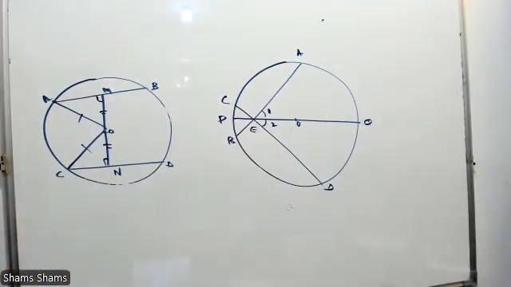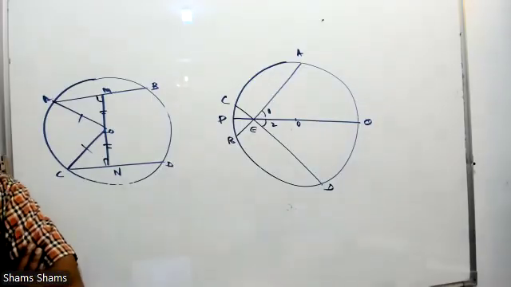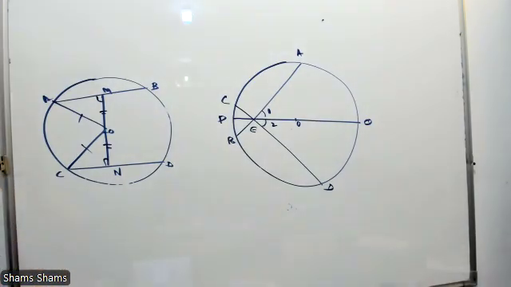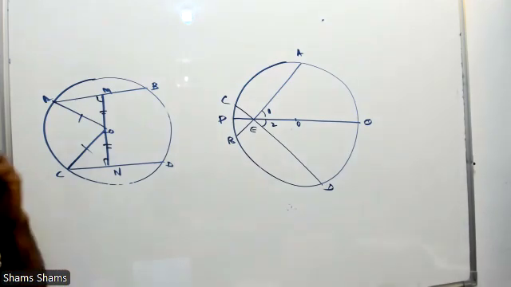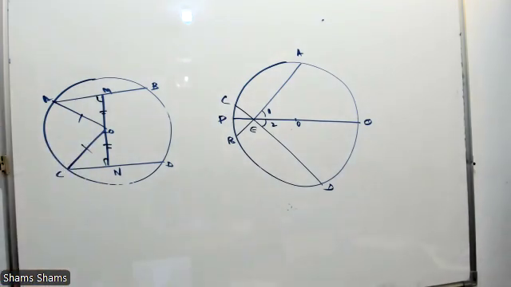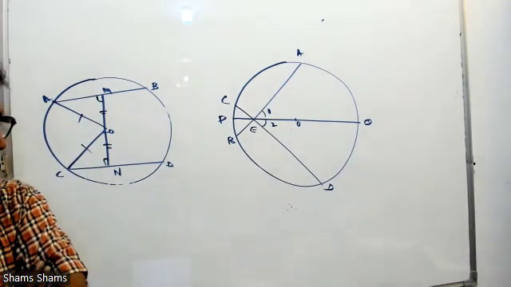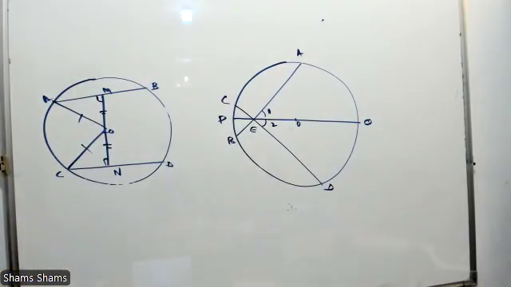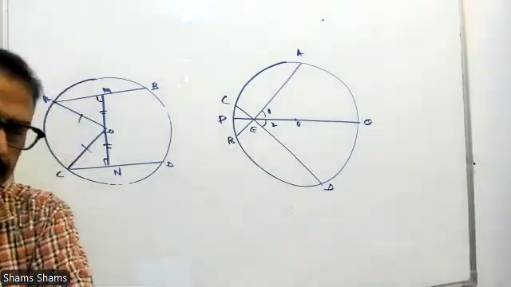Draw this figure. Equal chords of a circle are equal distance to the center.